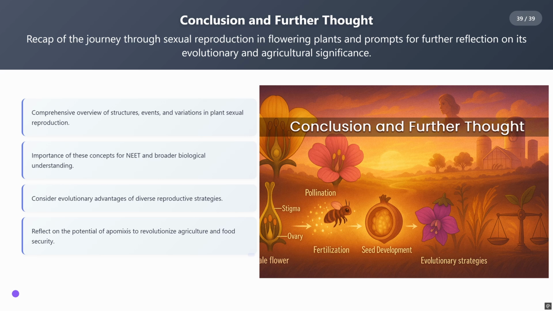Good question. Or thinking of the future, how might further breakthroughs in our understanding and application of apomixis genuinely revolutionize agricultural practices and significantly contribute to enhancing food security, particularly in a country like India, with its vast population and reliance on agriculture? These are the kinds of thought-provoking questions that build upon the core knowledge. We really encourage you to explore them further. Excellent food for thought to take away.